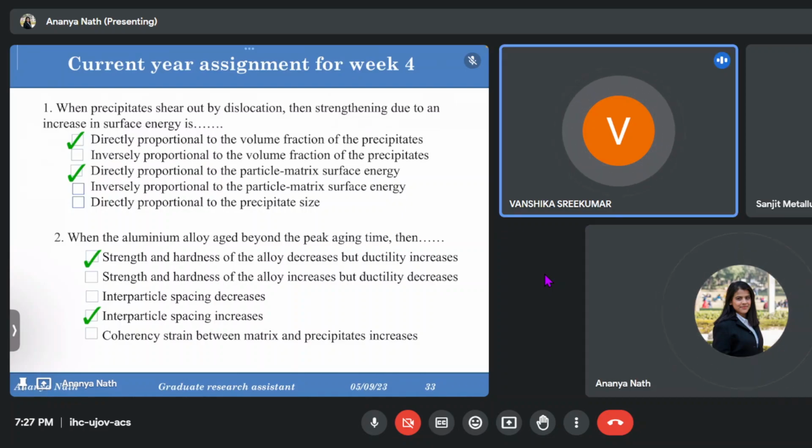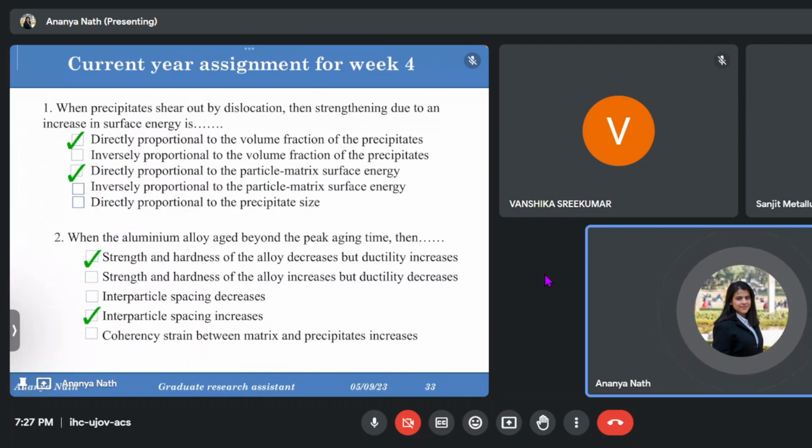Ma'am, I had a doubt about coherency. Will the coherency decrease, or doesn't it matter at this point? I will not say it doesn't matter, but the motive was to get an equilibrium position, and due to which they were trying to maintain the coherency.